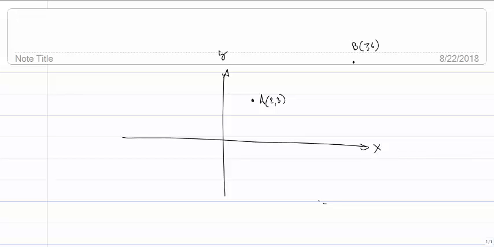It means that to position point A, we went by 2 units along the x, and then 3 units along the j, and then we put the point at this particular location. Same for B. We went 3, 4, 5, 6, 7, and then 3, 4, 5, 6. So those are point coordinates, no problem.